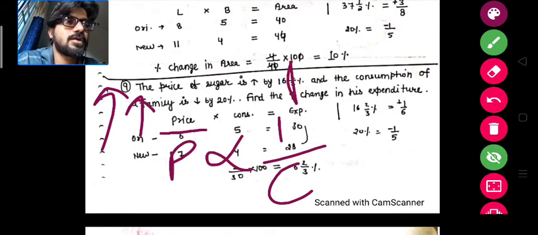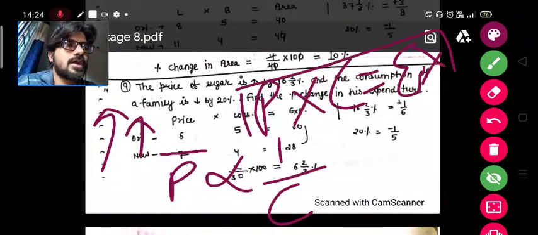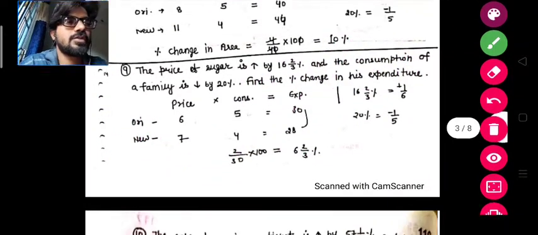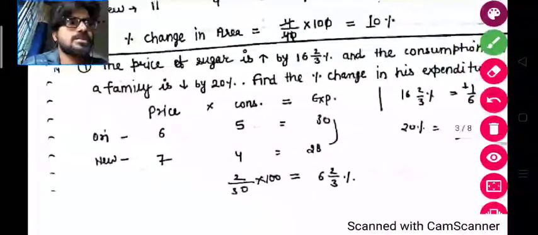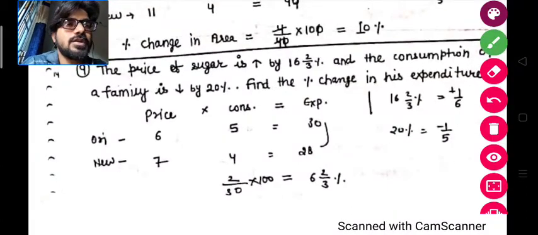So price multiplied by consumption is equal to expenditure. So the expenditure depends on how you increase or decrease the price or consumption. The expenditure is the change in the expenses that you make.